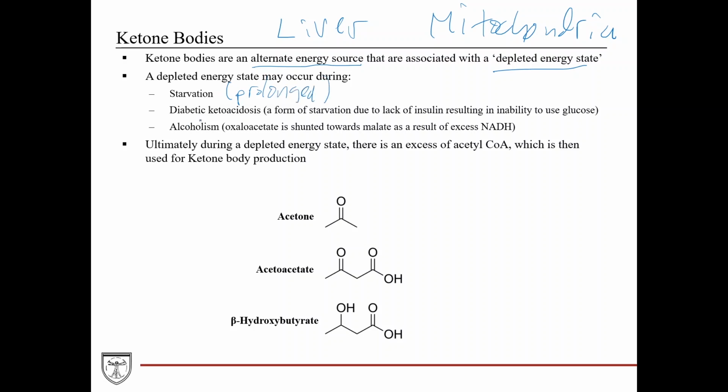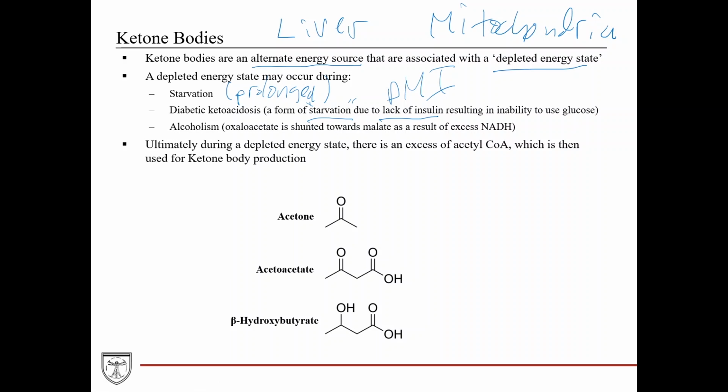A common example on board exams is diabetic ketoacidosis. This is a form of starvation in a sense, because it's more like the body thinks it's starving because there's a lack of insulin. This is typically in patients with type 1 diabetes, and it results in an inability to use glucose. They have glucose, but they can't get it into the cell because they're lacking insulin. And so the body has to resort to other sources of energy, such as fatty acid oxidation.